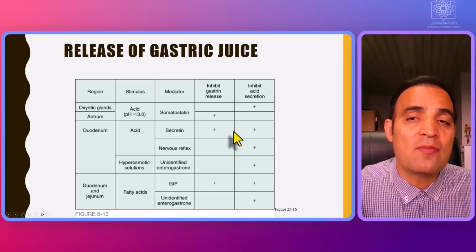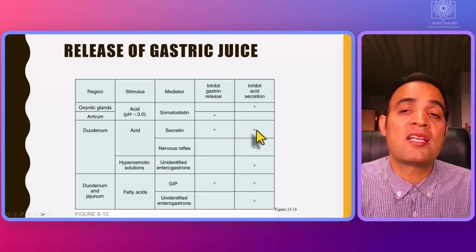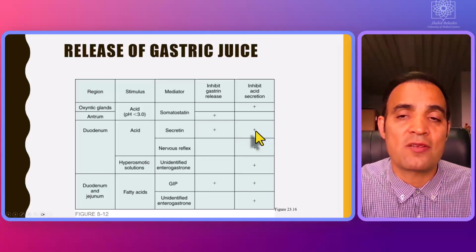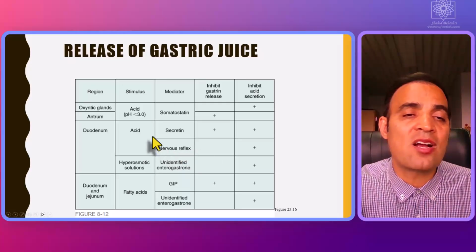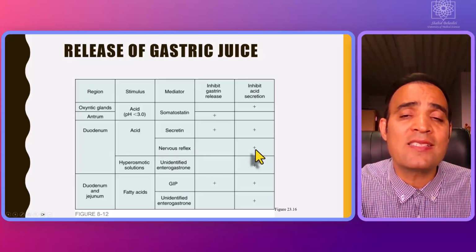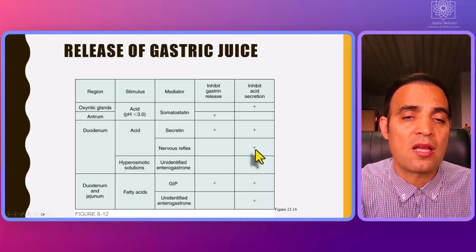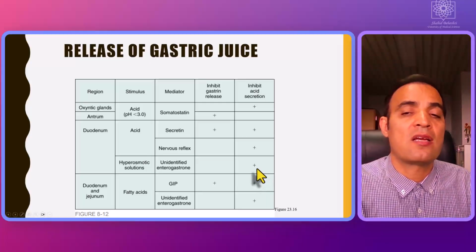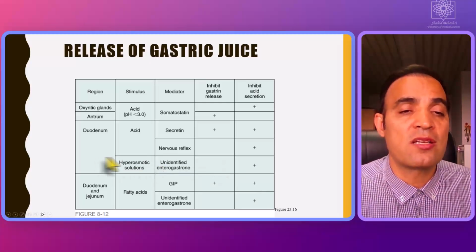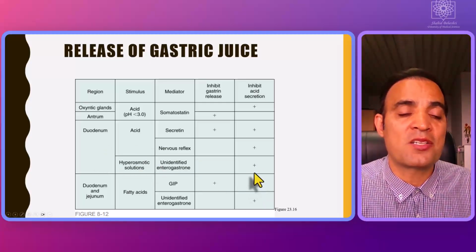At the same time, secretin inhibits acid secretion. Nervous reflexes that come from the duodenum inhibit acid secretion reflexly, and also a hyperosmotic solution stimulates the duodenum and inhibits acid secretion.